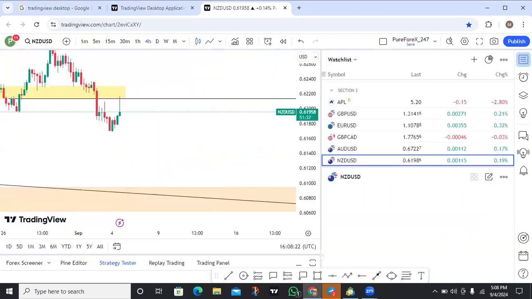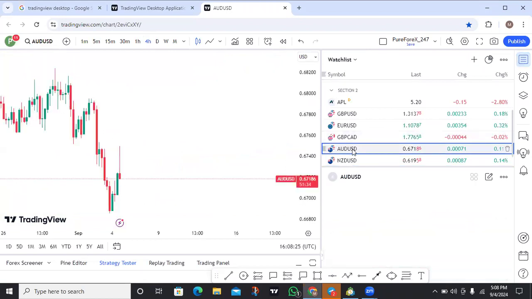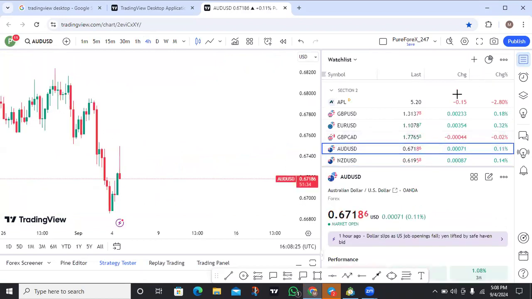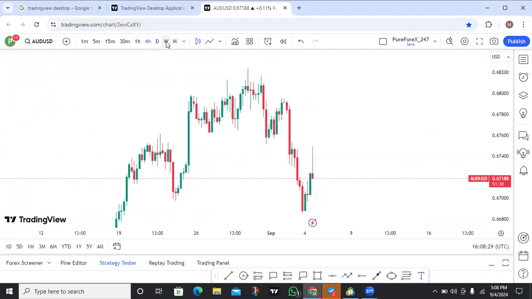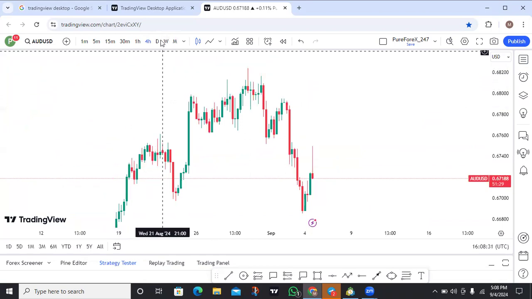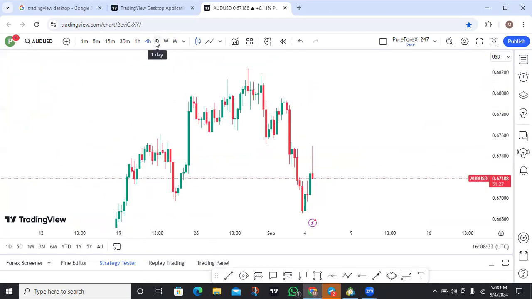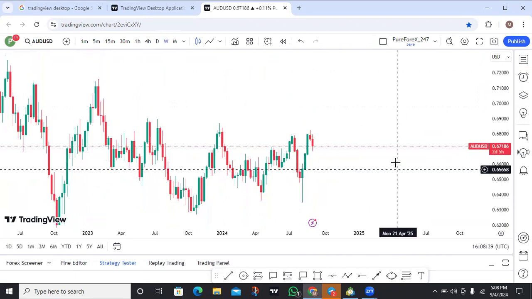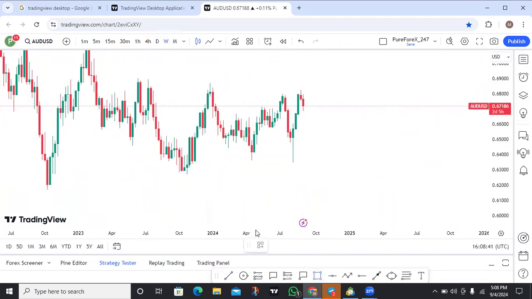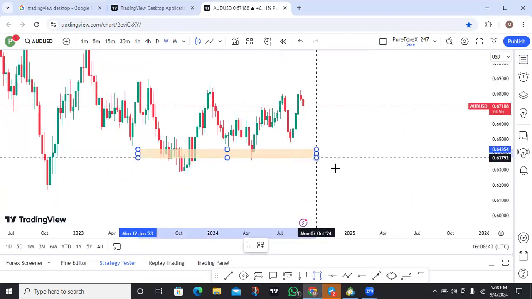So quickly, let's also look at the AUD. You know, AUD and NZDUSD, they are related, right? So we also have a similar setup, but it's also a very beautiful setup on AUD/USD. But let's go to the weekly time frame as well. If you go to the weekly time frame, we also have consolidation here.